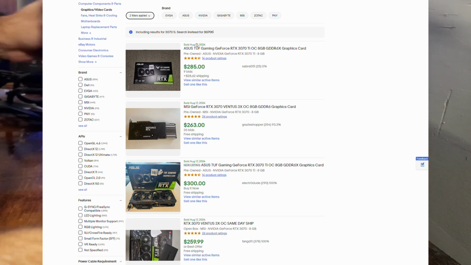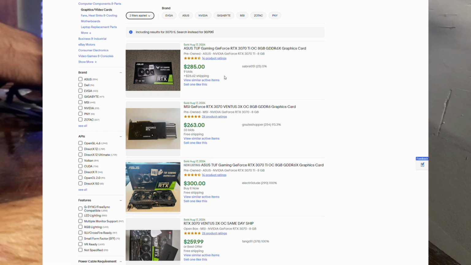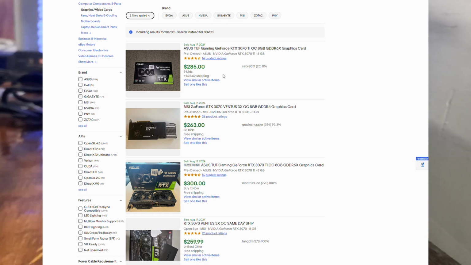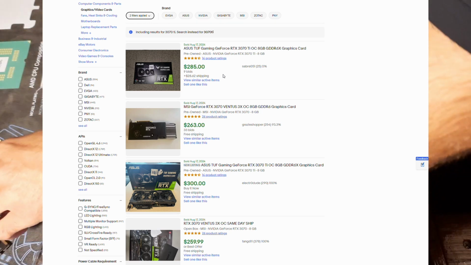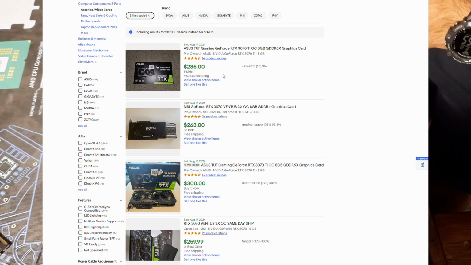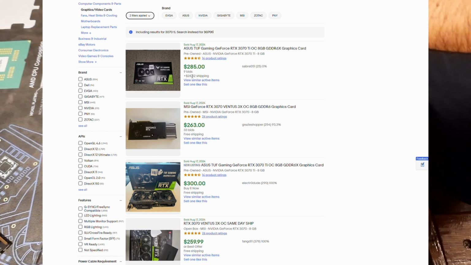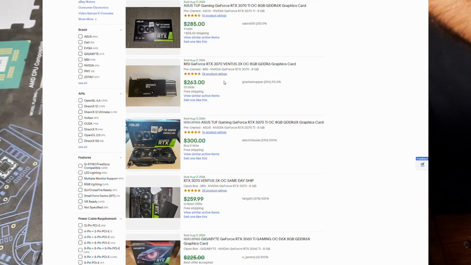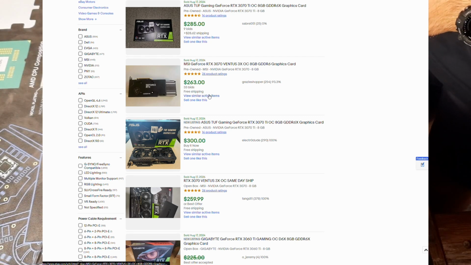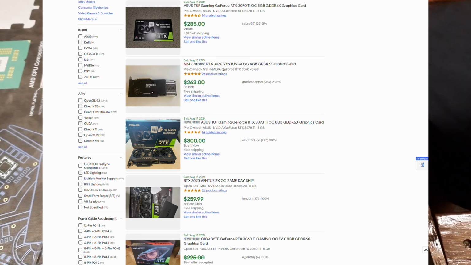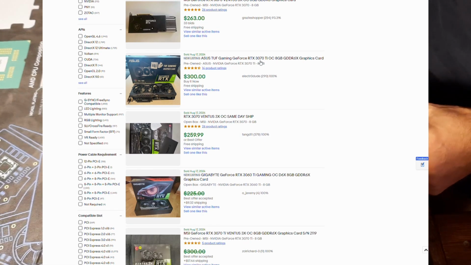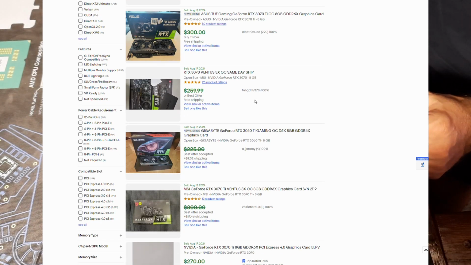You can see starting from the most recent. So you get an idea of how much they're worth and how much they're selling for, and what a screaming good deal I got paying $212 shipped. So here you have $285 plus $30 shipping. That's pretty crazy. $263 with free shipping, although that's not a Ti, that's just a 3070. Here's a Ti, $300.